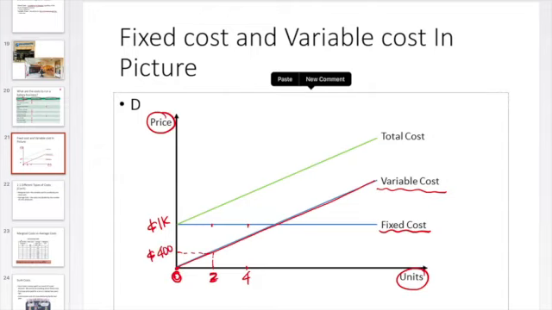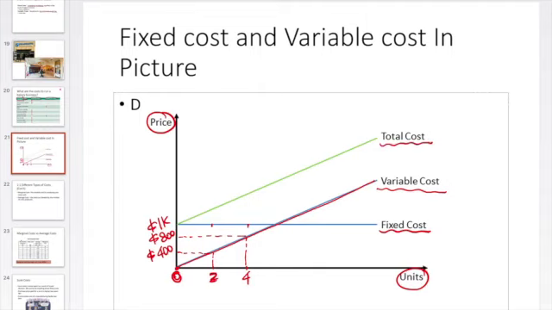And then if you make 4 products, you're going to pay more for the variable cost, like the material. That could be higher than 400, maybe 800. So your variable cost is changing along with how many units you make.